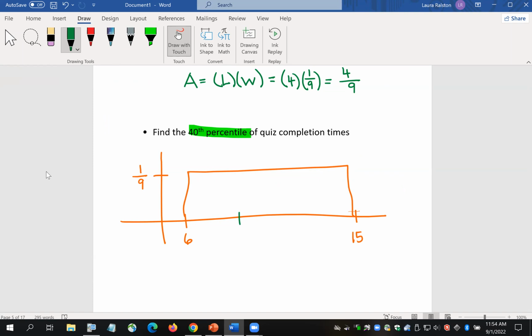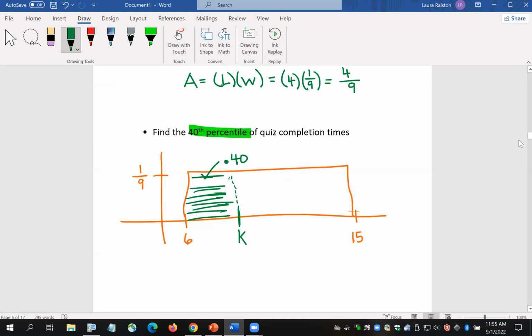And there's going to be some point out here that I don't know. You can call it X. Your text calls it K. And between 6 and that unknown value, there is 40% of our values. So it's like they're giving us the area.